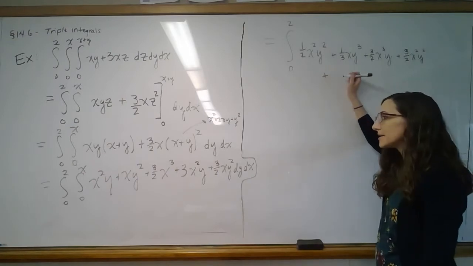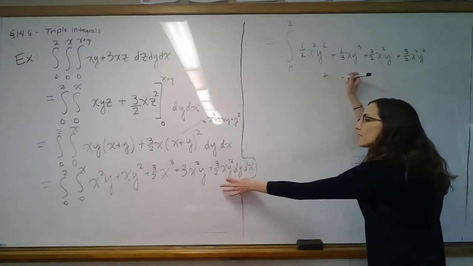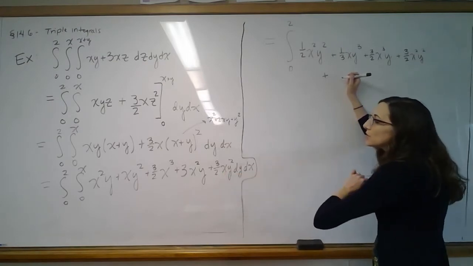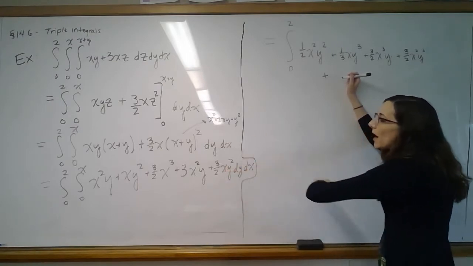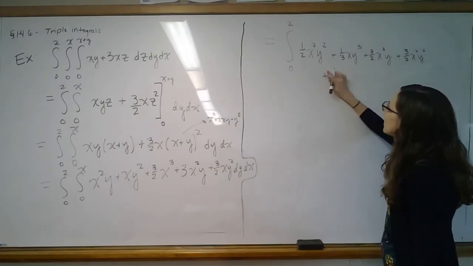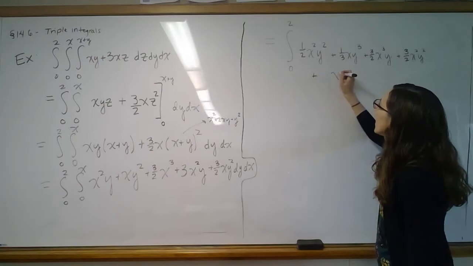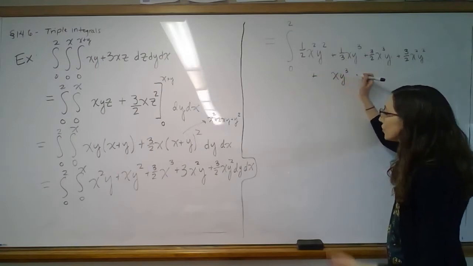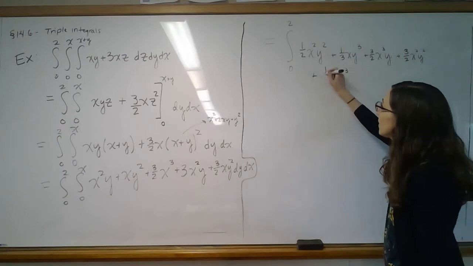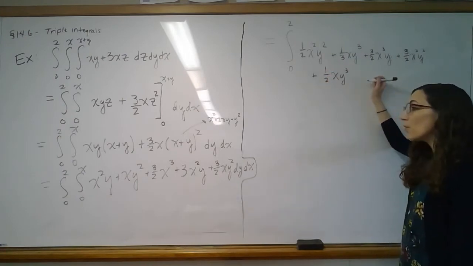So we've got plus here, we got to increase, that's where I'm at, right? Yes. So we've got 3/2 xy squared. So we're going to increase, this will be xy cubed, and we'll be dividing the 3/2 by 3, which just leaves me with a 1/2.